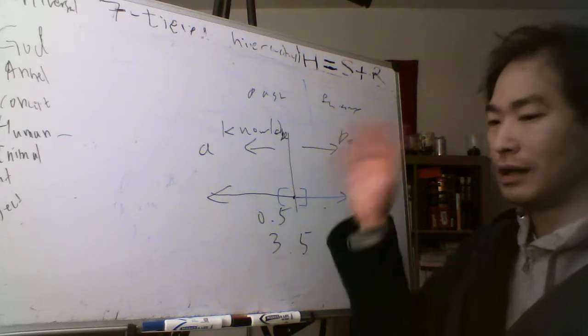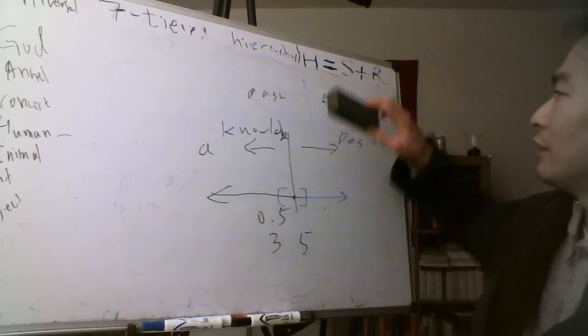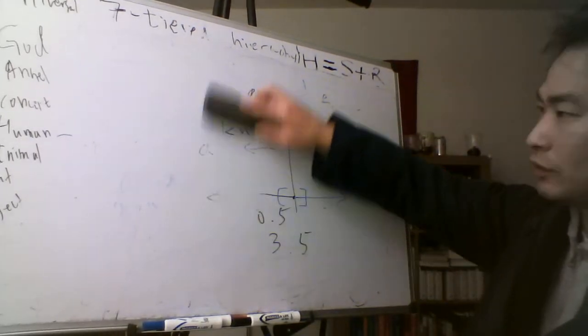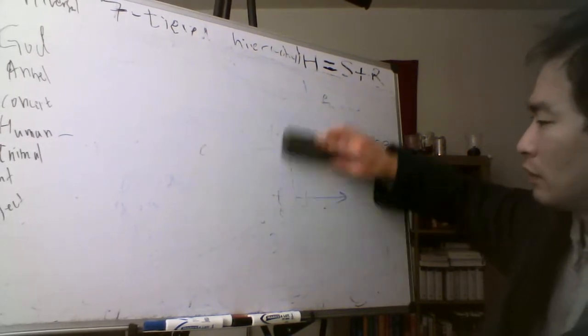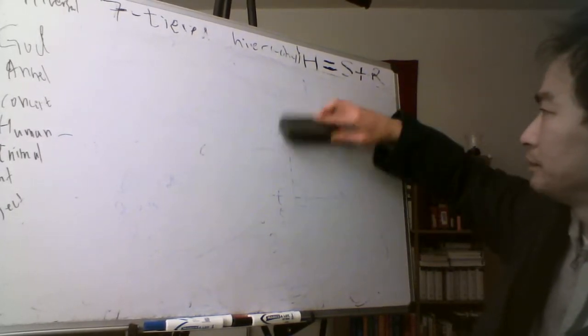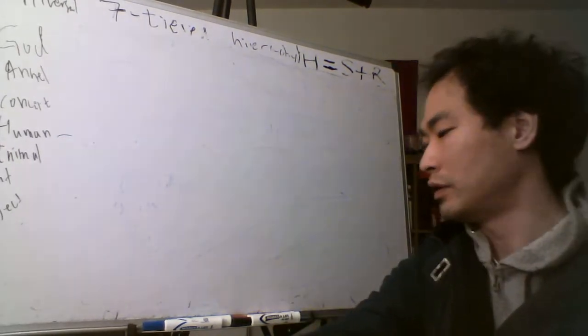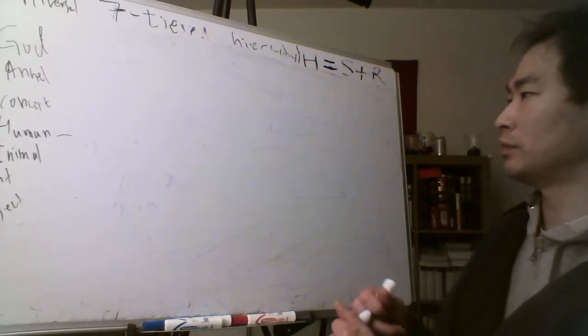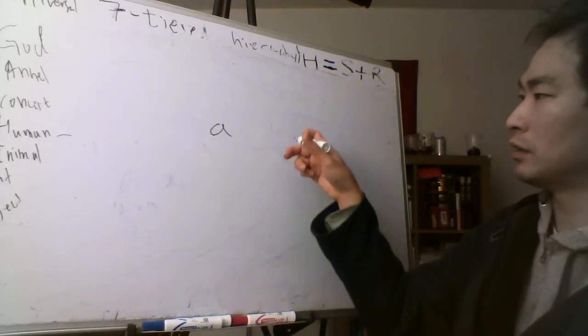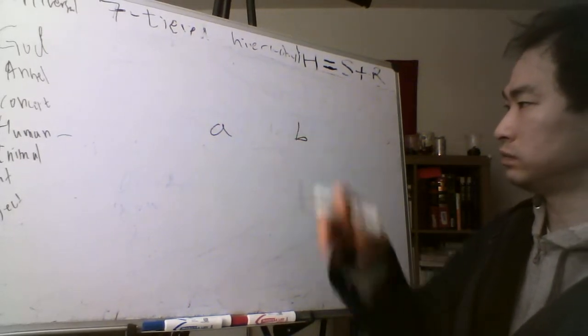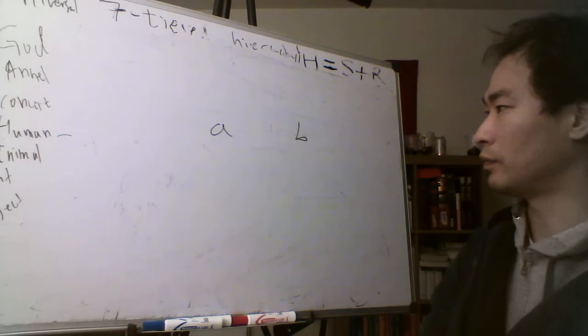So enough with that. I don't think we have anything more to say here. Okay, so we go back to graph theory. You have two people, A and B. You have four cases.